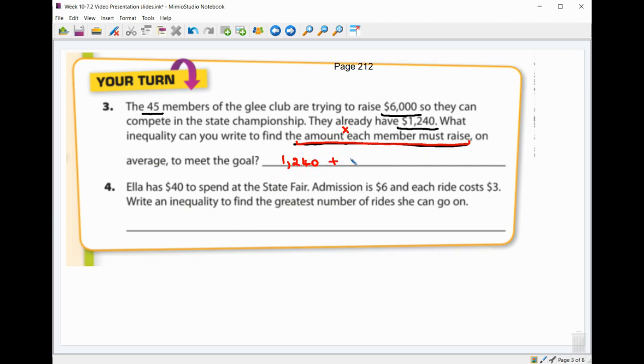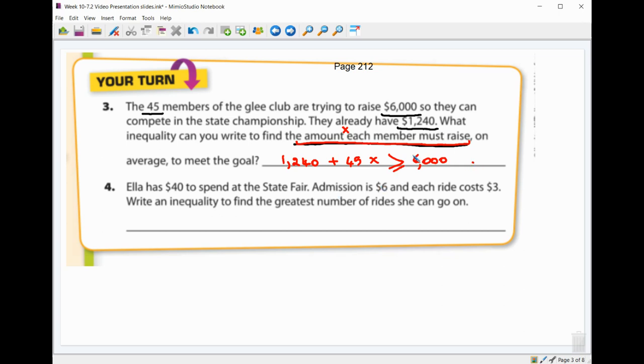They're going to make X amount times the 45 members. Each of them is going to make an X amount. So the total is going to be 45 times X. And that needs to reach more than or equal to $6,000. They need to raise at least $6,000. So that's the goal of this inequality. And here it is. That's my inequality.